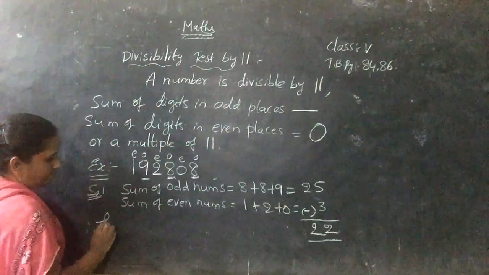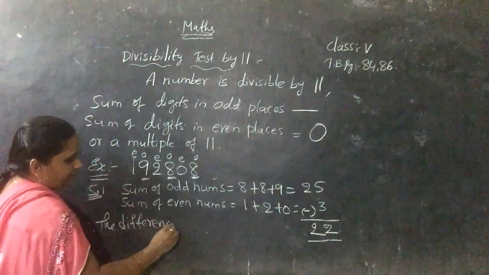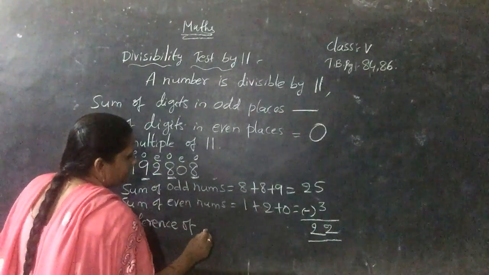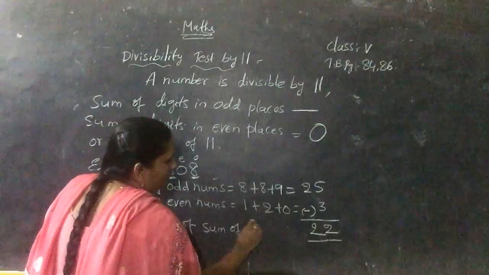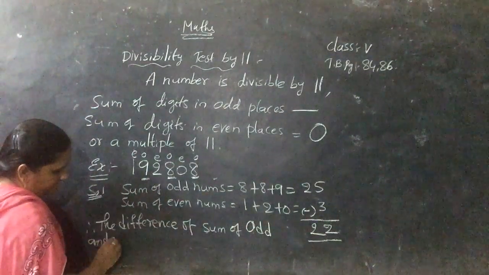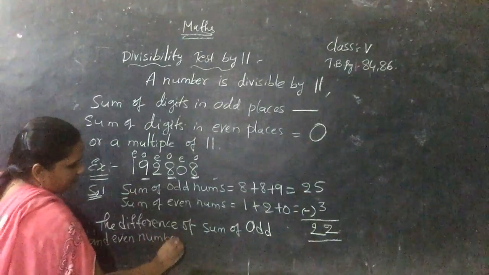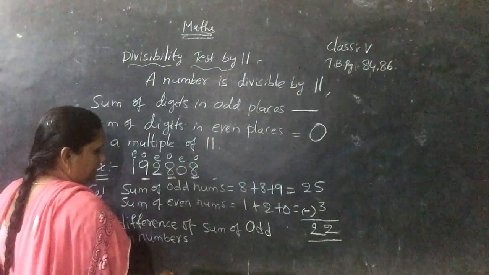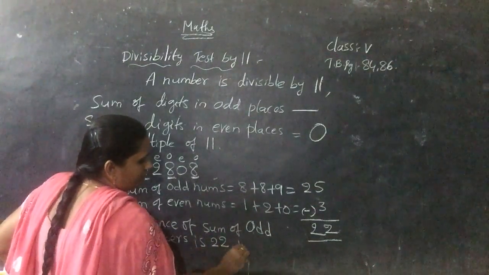Therefore, the difference of sum of odd and even places is 22.